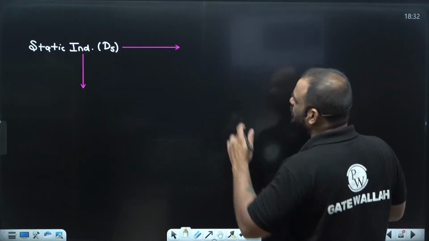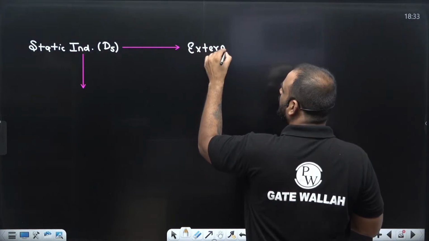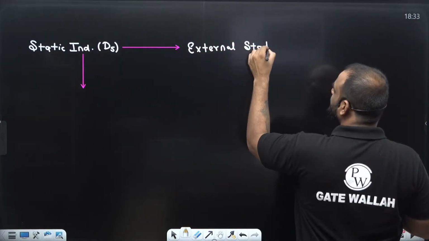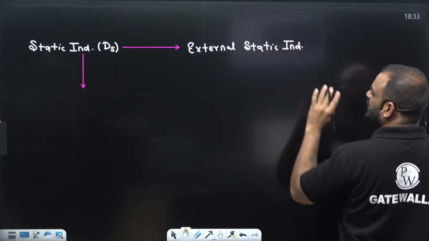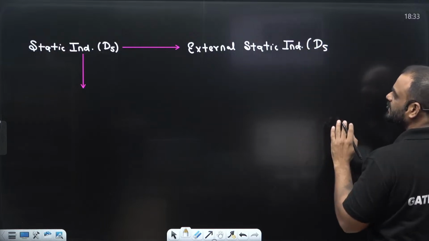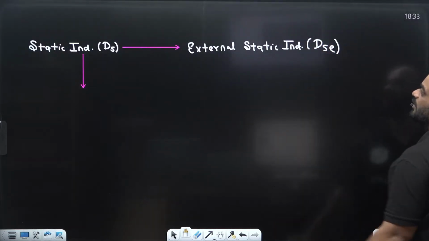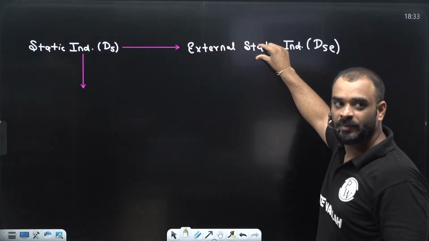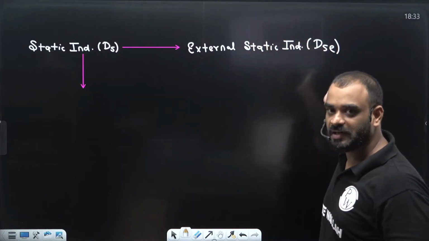How do we represent it? Again use the same symbol DS, but add one more suffix, E, so it becomes DSE. This is the total number of unknown external support reactions.